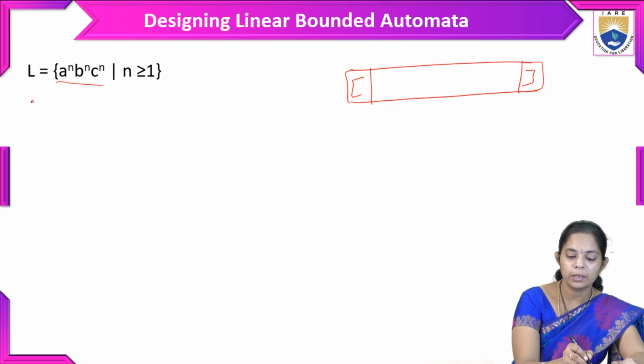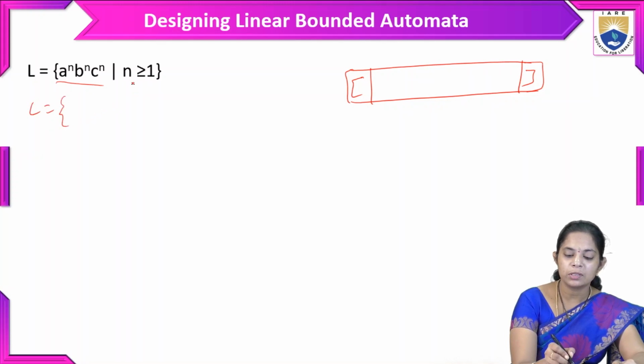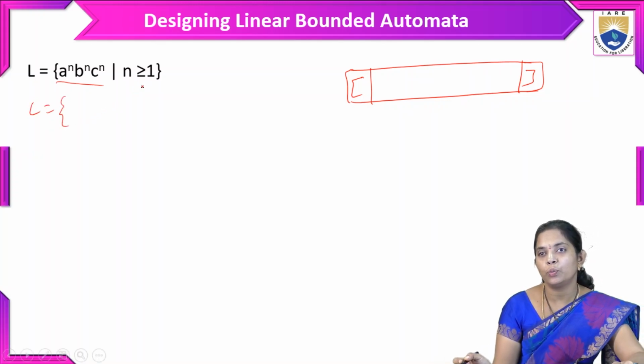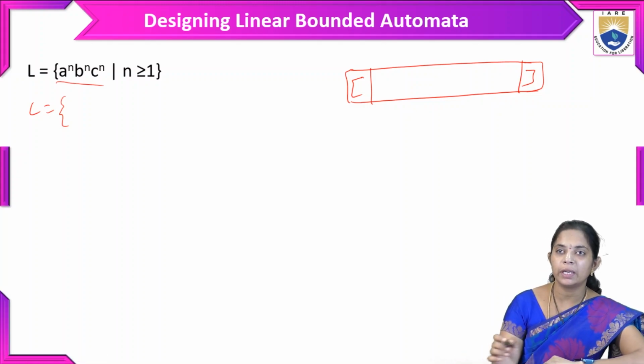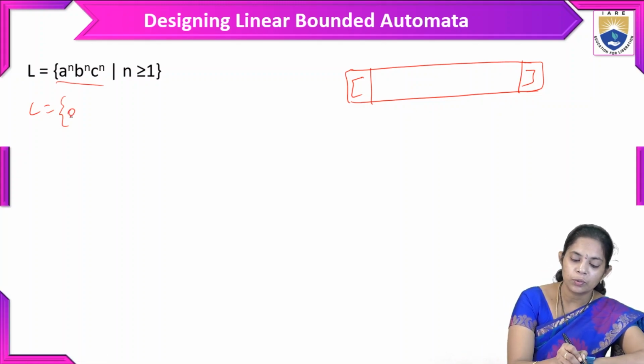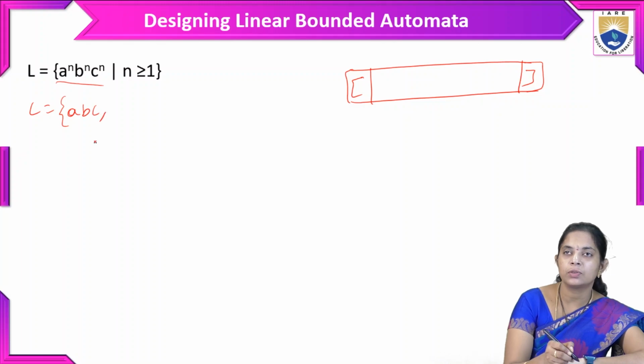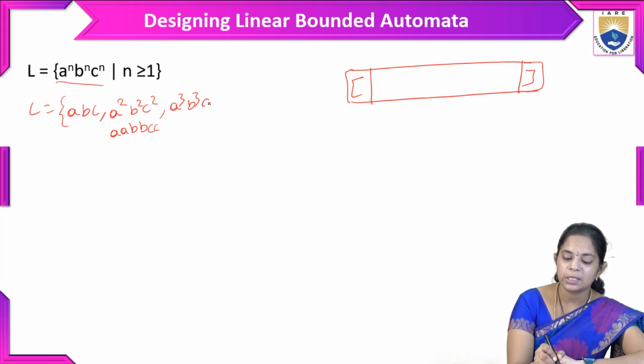First we need to elaborate the language, n greater than or equal to 1. If you take n equal to 1, what is the language string? a, b, c. If you take n equal to 2, a power 2, b power 2 and c power 2, which indicates a, a, b, b and c, c. And also we have a power 3, b power 3 and c power 3, and so on.